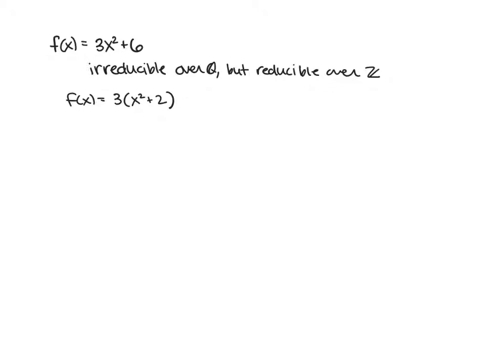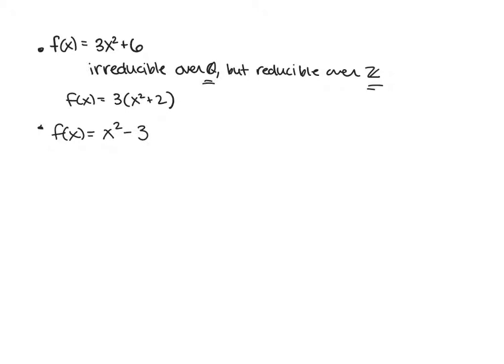Again, the ring that you're working over, you really need to specify, because that does make a difference in deciding whether your polynomial is reducible or irreducible. So another instance where the ring or field you're working with matters is something like x squared minus 3.